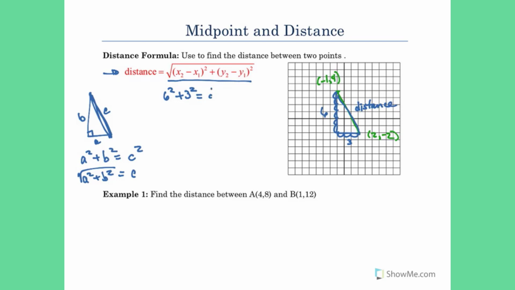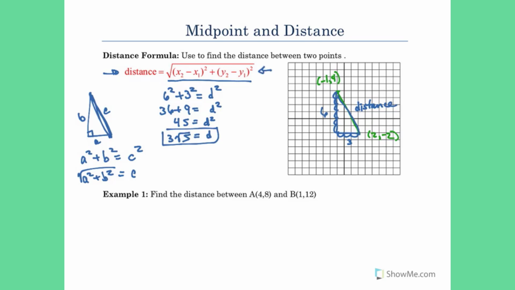So I'm going to call that d, and I'm going to square it. So that's going to be 36 plus 9, which is 45. And then take the square root, and I don't have to worry about plus or minus because it's a distance. And so the square root of 45 simplified would be 3 times the square root of 5.